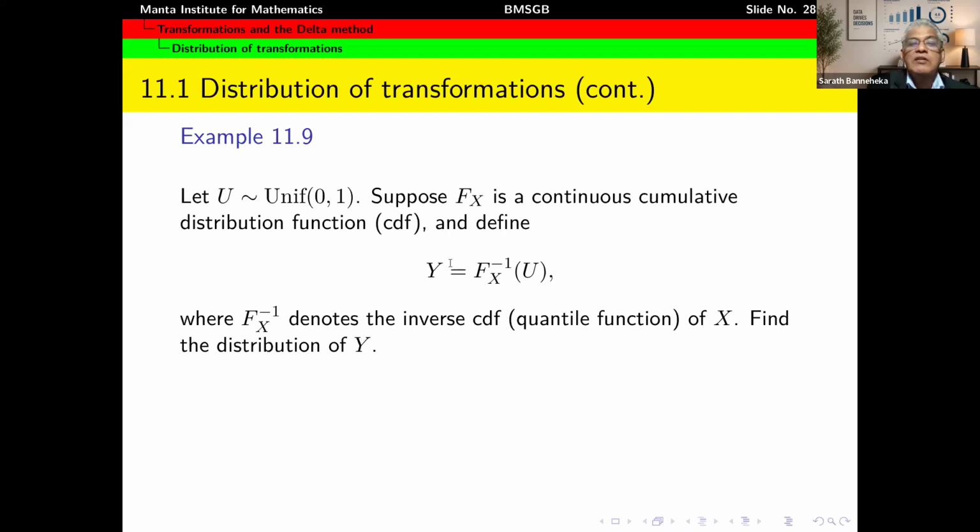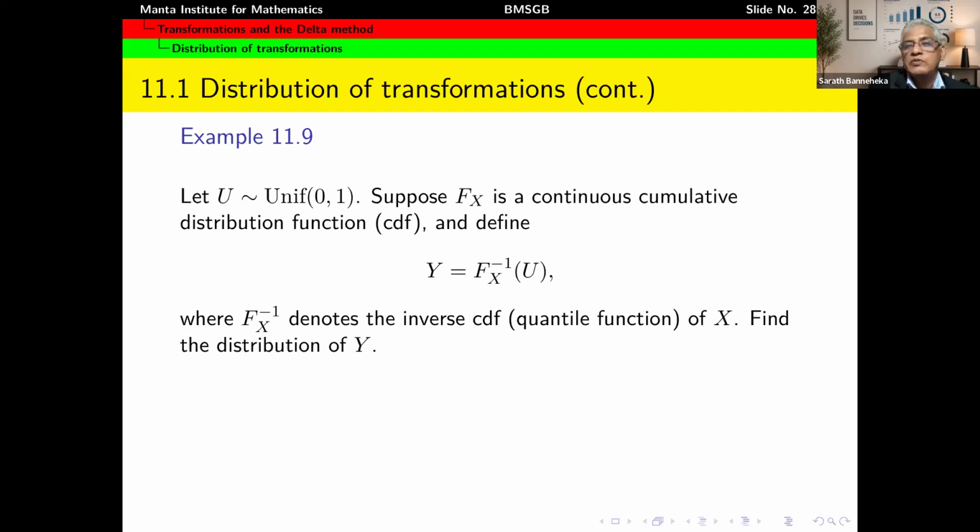Then the resulting values will have the same distribution as X. In other words, these Y values will have the cumulative distribution function F_X. That is like generating data from F_X, starting with uniform (0, 1) random numbers.